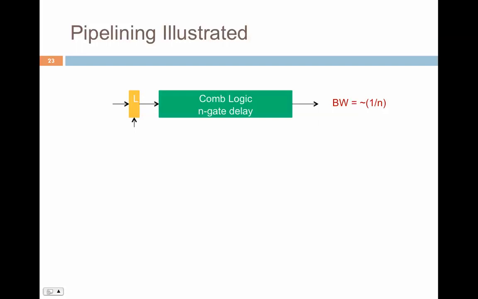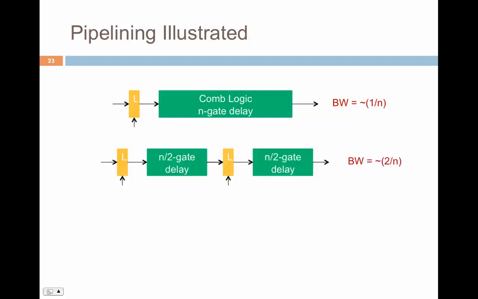Now the concept of pipelining is to break this into smaller chunks or smaller stages. So in the next one we will see that we divide the n gate delays into 2 stages of n by 2 gate delays. So instead of one big n gate delay, we now have 2 smaller n by 2 gate delays, and these two are separated by a latch.